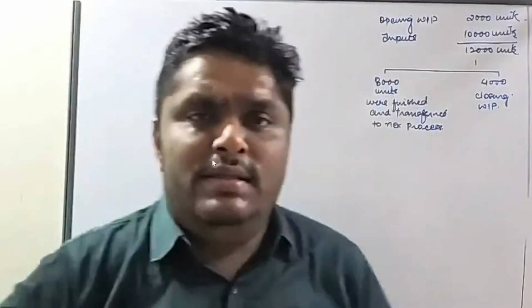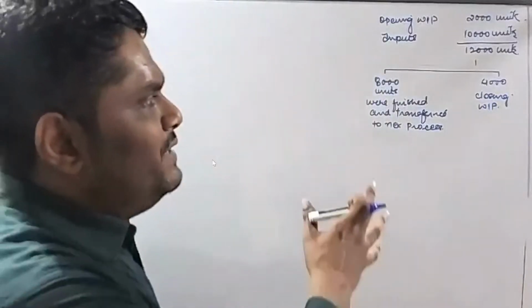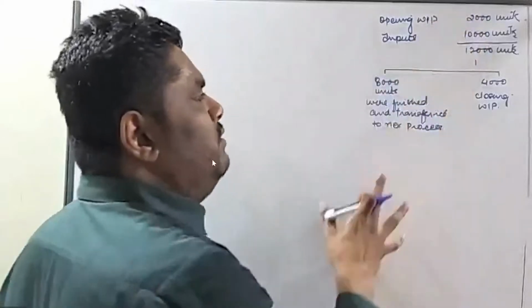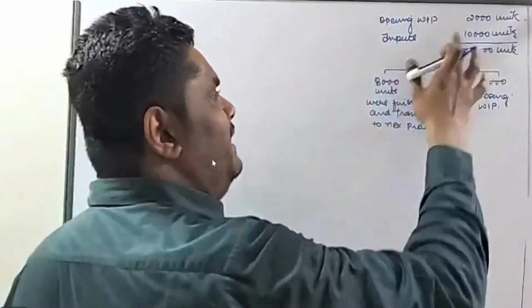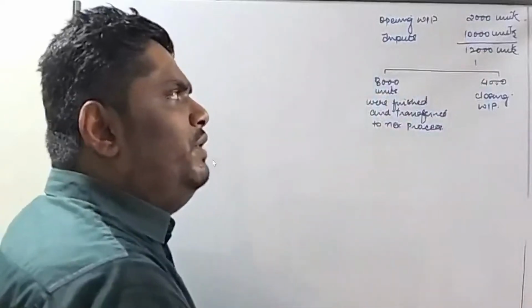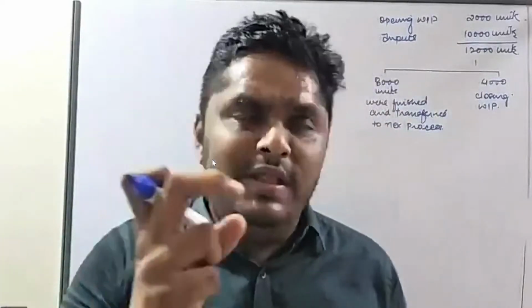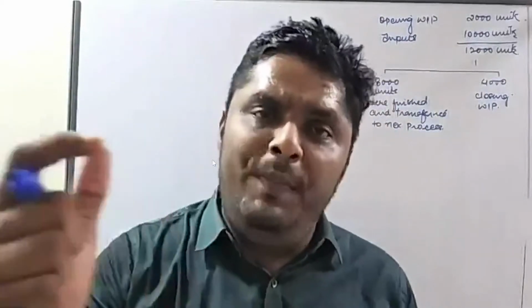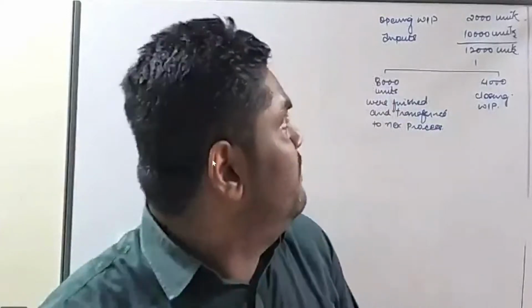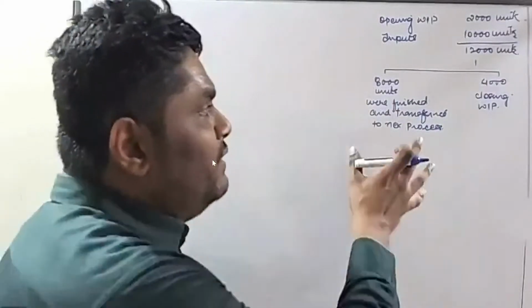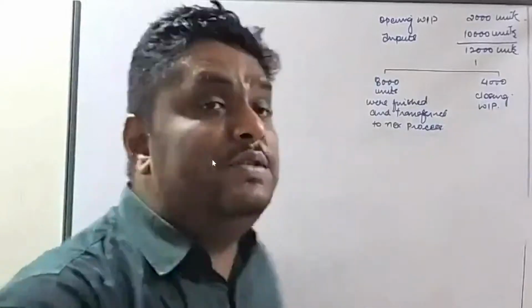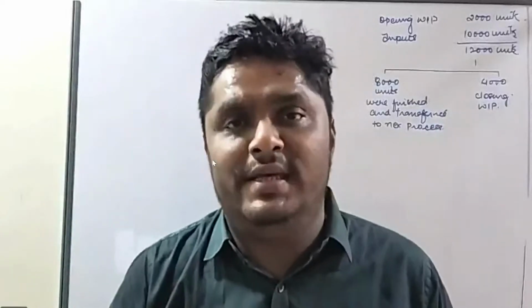Now, the point is, these 8,000 units can be from the 2,000 units also, and a few from inputs. Apart from this, it can be entirely from the inputs that are made during the year. In fact, both these units have different costs. That is, the opening work in progress has different costs. Further, the inputs also have different costs. Now, the point is, these 8,000 units transferred and these 4,000 units, how do we value them?